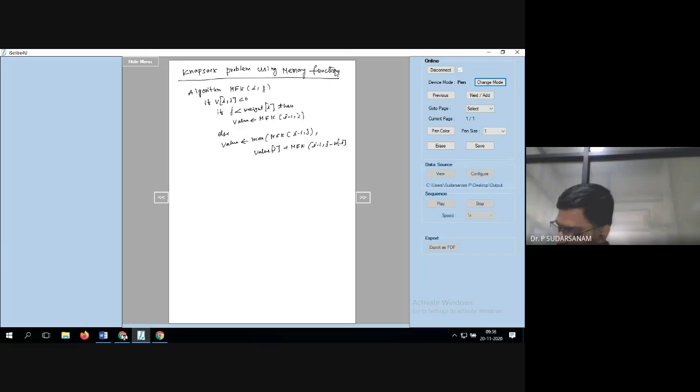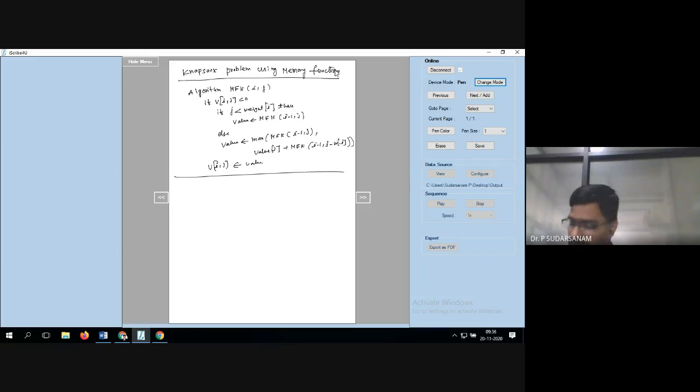So this is based on this. Based on this, we will now write the program. So V of i comma j is equal to finally value. This is the algorithm. Now based on this only it will be working.